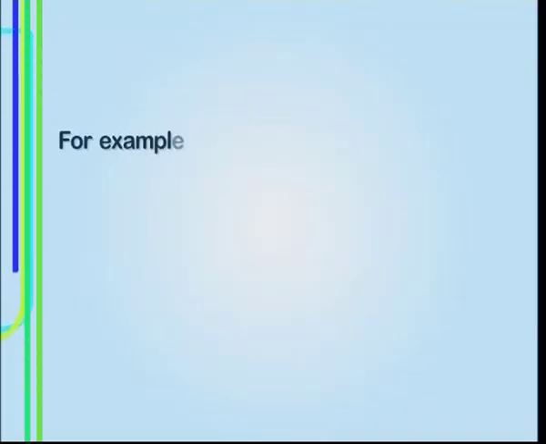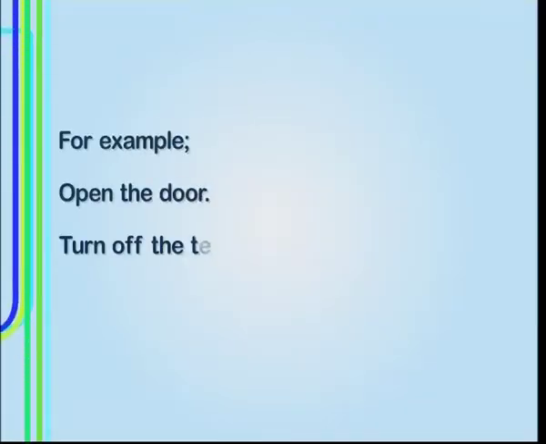Passive voice of imperative sentences: command and request. A sentence which expresses command or request or advice is called an imperative sentence. For example, open the door, turn off the television, learn your lesson. For changing these sentences into passive voice, the auxiliary verb be is used.